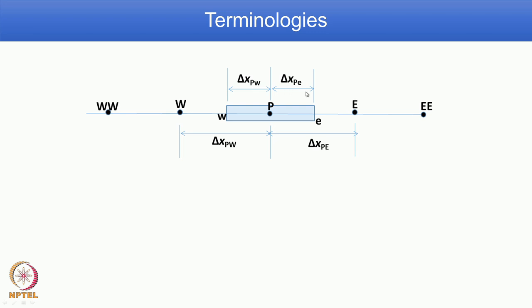Similarly, on the other side delta x subscript P and small case letter e. Similarly, distance between node and node. So, here it is between node P and node W, again delta x but with the subscript capital P and capital W.